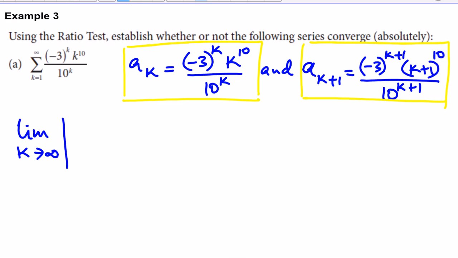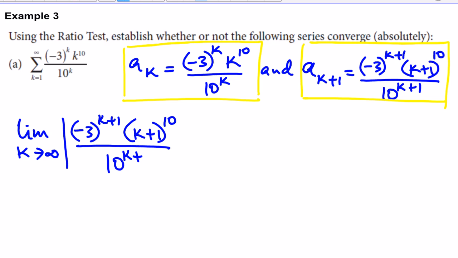of the absolute value of s_(k+1) divided by s_k, which will be (-3)^(k+1) times (k+1)^10 over 10^(k+1), divided by (-3)^k times k^10 over 10^k.